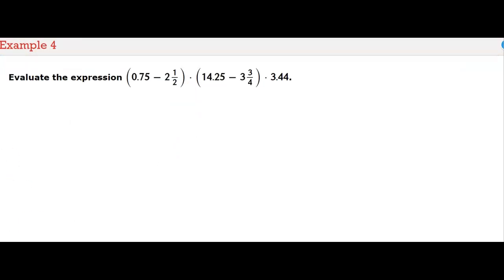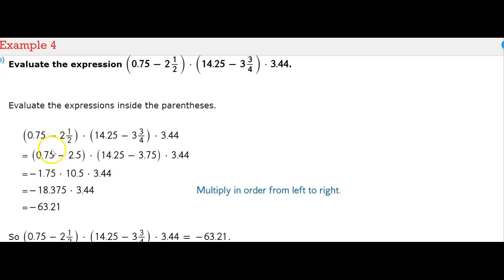Evaluate the expression: the quantity of 75 hundredths minus 2 1/2 times the quantity of 14 25 hundredths minus 3 3/4 times 3 44 hundredths. Evaluate the expressions inside the parentheses. So we have 75 hundredths minus 2 1/2 times 4 25 hundredths minus 3 3/4 times 3 44 hundredths.